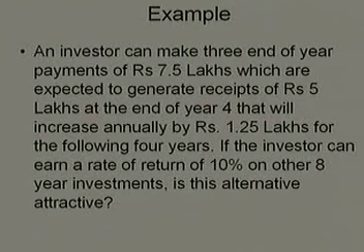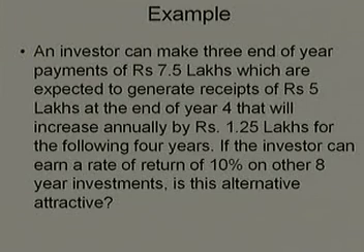So, in this problem, it is given that an investor can make 3 end of year payments of rupees 7.5 lakhs, and these are expected to generate receipts of rupees 5 lakhs at the end of year 4, that will increase annually by rupees 1.25 lakhs for the following 4 years. If the investor can earn a rate of return of 10% on other 8-year investments, is this alternative attractive?